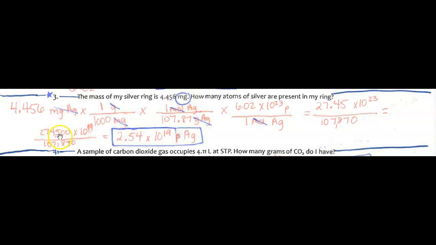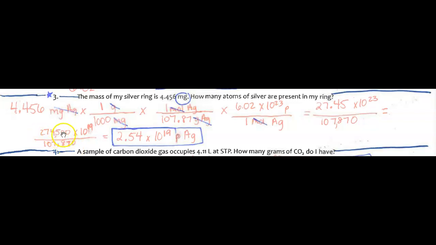It still says 2745, but I moved my decimal over 1, 2, 3, 4 spots, right? That means I had to make my exponent smaller by 4. So that's why it's 10 to the 19th. So that's how I set this up.